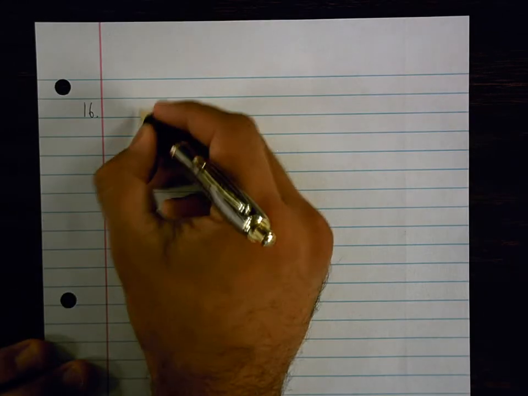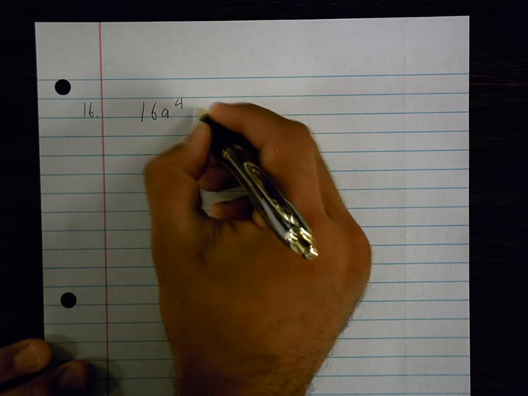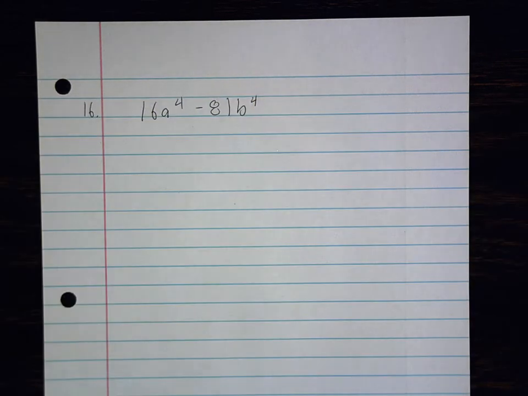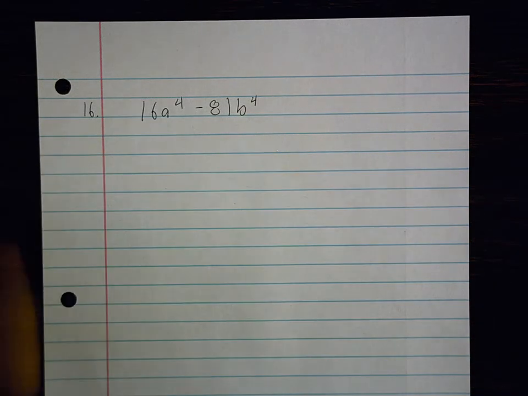16. Now we're getting into some factoring. 16a to the 4th minus 81b to the 4th. Okay, and this is the difference of squares, because 16 and 81 are squares and anything with an even power.